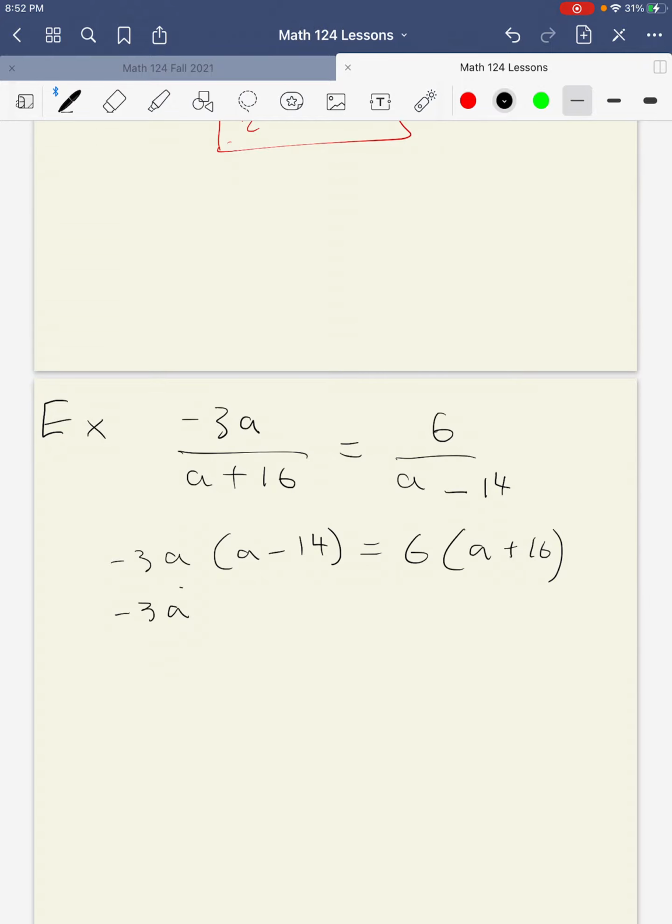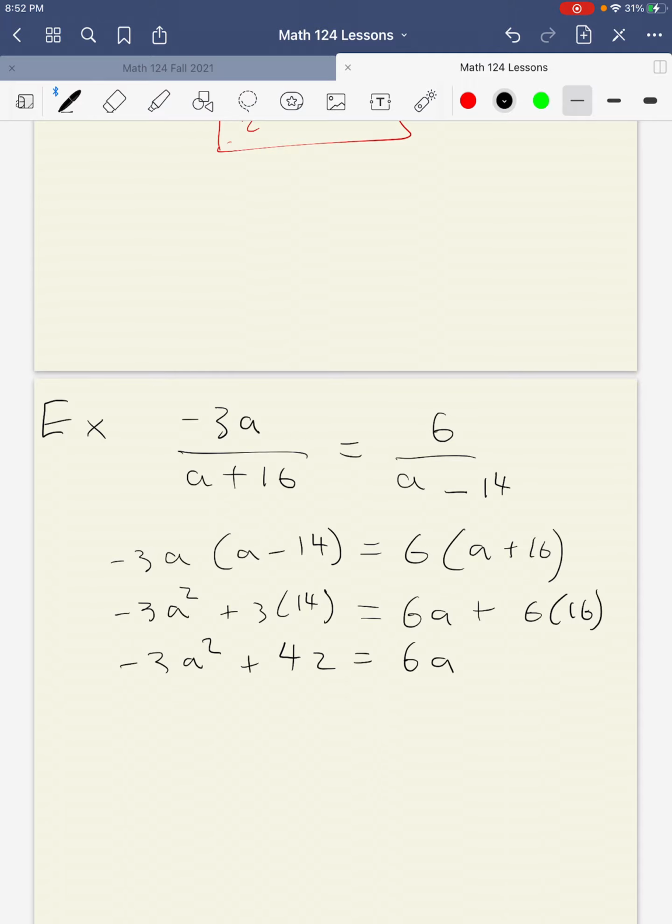So we have negative 3a squared plus 3 times 14 equals 6a plus 6 times 16. So I'm dealing with a lot of big numbers in this section. Let's see, negative 3a squared, what is 14 times 3? It's 10 times 3, 42. 6a, and then let's see, 16 times 6 would be 96, I think.